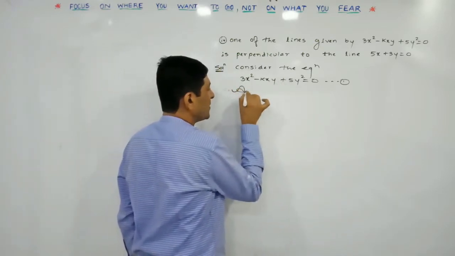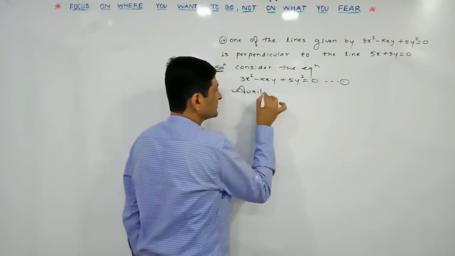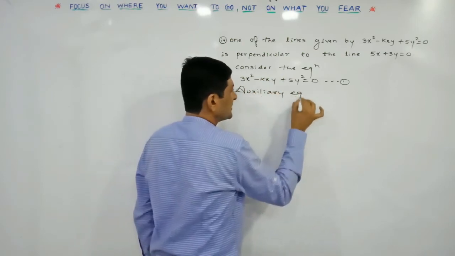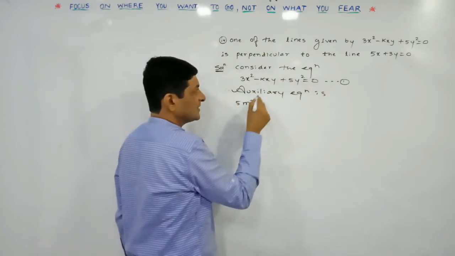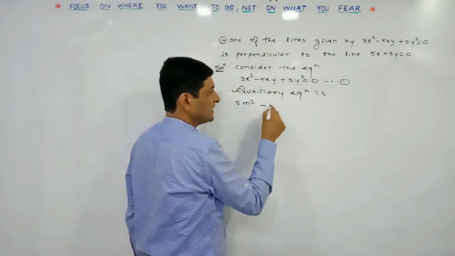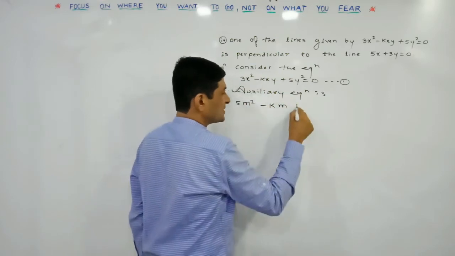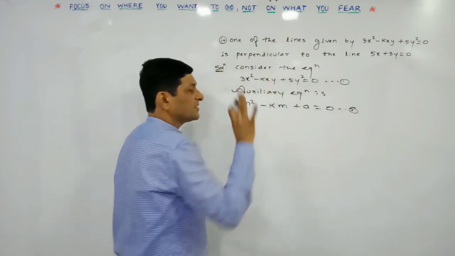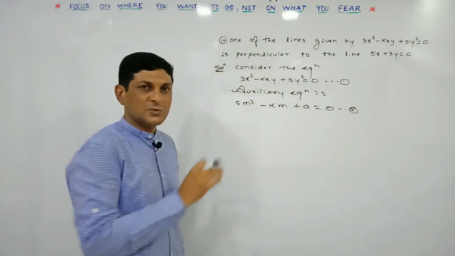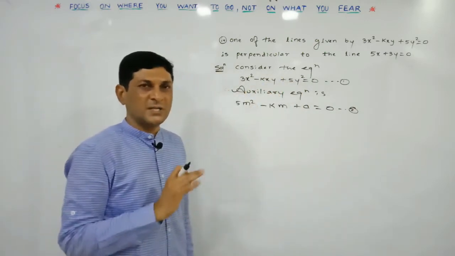So the auxiliary equation is, phi m square, then the coefficient of m is minus km, and the constant term is a, equal to 0. So we have just converted the homogeneous equation into the auxiliary equation.